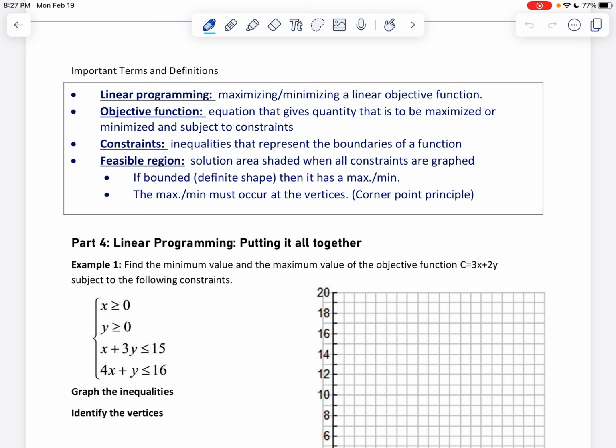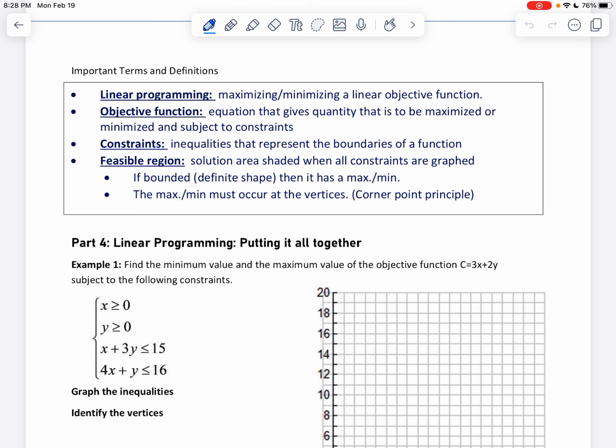Now, constraints, these are the inequalities that represent the boundaries of a function. And so the constraints are the restrictions that whatever the context problem is might have on, say, resources and things like that. So for a business, like we said, you might have a limited number of supplies, you might have limited hours to work, and so those cause constraints.